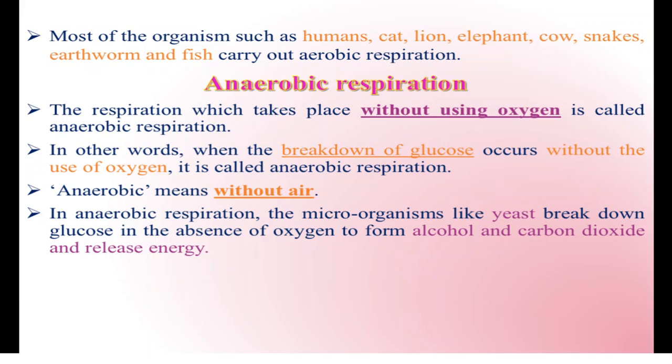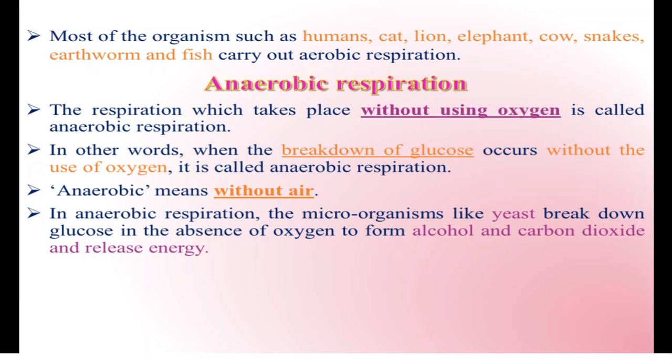That is, the respiratory organ is lungs. But in earthworm, the respiratory organ is skin. Earthworm uses skin to respire. Fish use gills to respire. But all of them respire using oxygen, so that is called aerobic respiration.